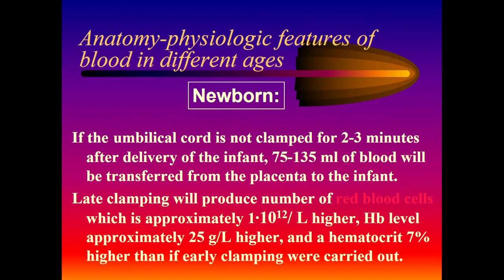Late clamping will produce a higher number of red blood cells, with hemoglobin level approximately 25% higher and hematocrit 70% higher than when early clamping is carried out. It is an important situation; we need early clamping of the umbilical cord in the newborn.